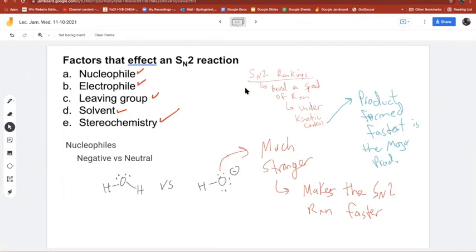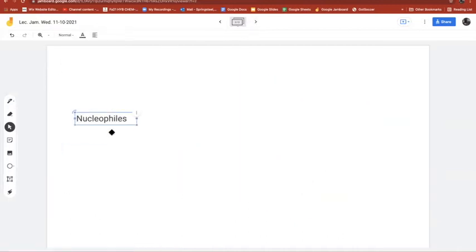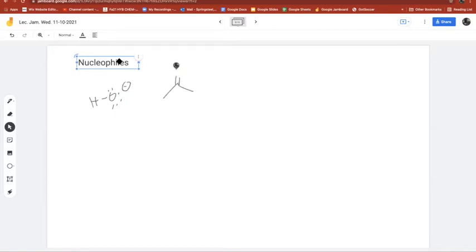So yeah, let's look at another one. Nucleophiles. Okay, who's faster? That hydroxide again versus acetate. Who do you think's the stronger nucleophile? I'll tell you more about these.